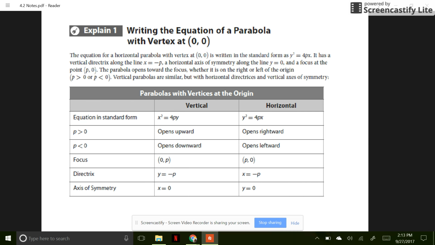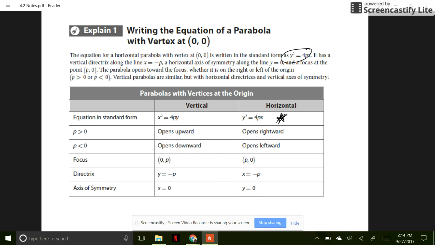So we're going to start with parabolas with a vertex at (0, 0). The equation for a horizontal parabola is written in the standard form y squared equals 4px. So horizontal: y squared equals 4px.